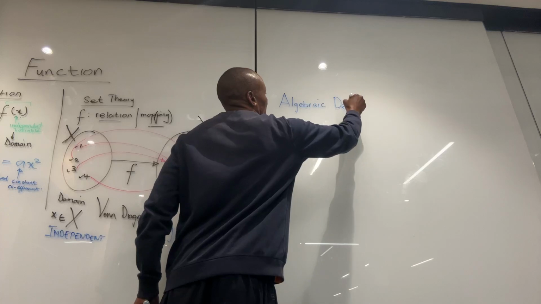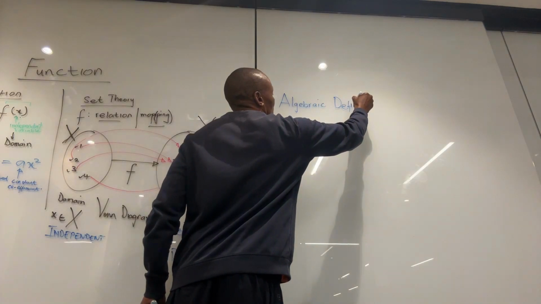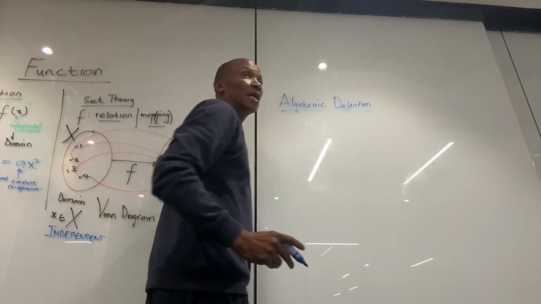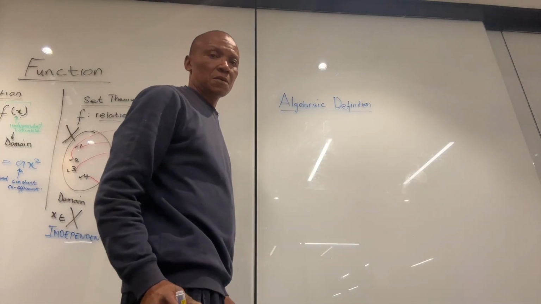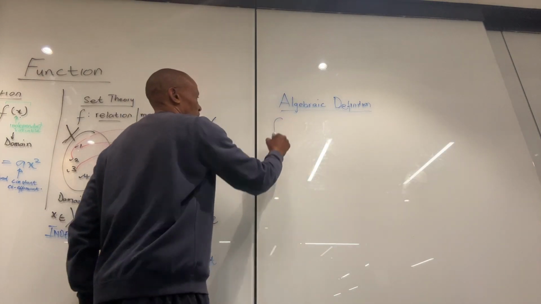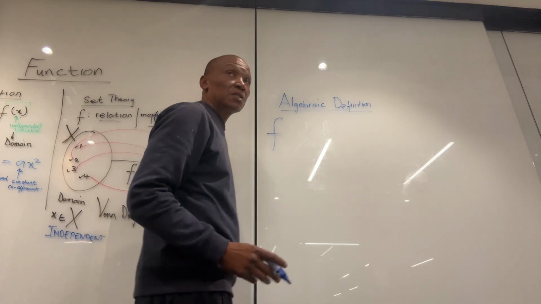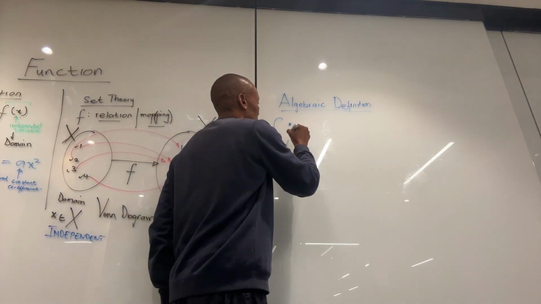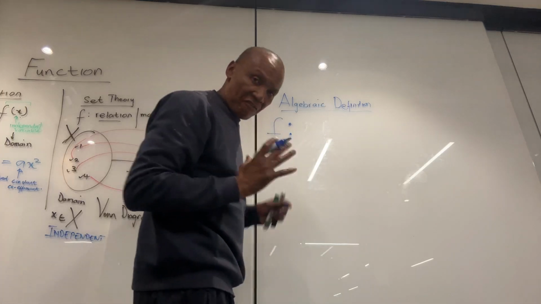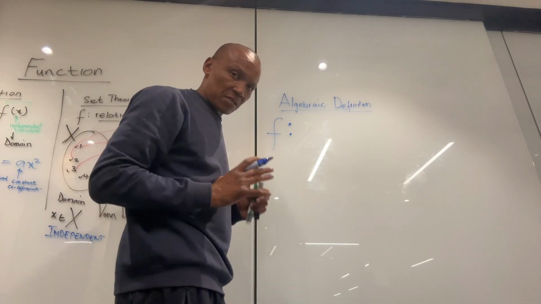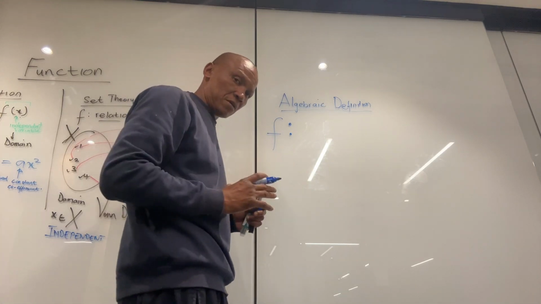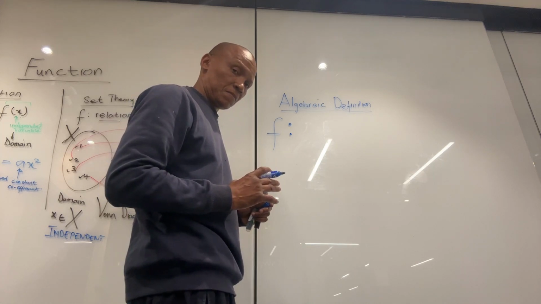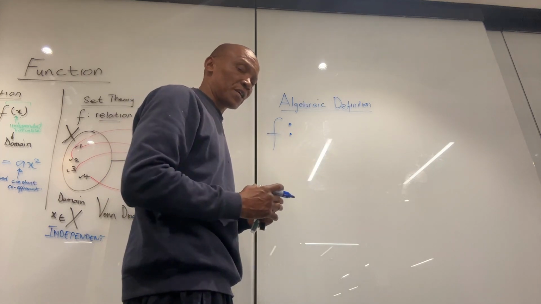Which I will call an algebraic definition. We say F, now I'm speaking the language of mathematics, is such that F itself, the function, the mapping, the relation. See, I'm using all three.